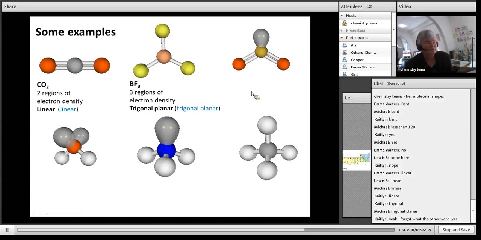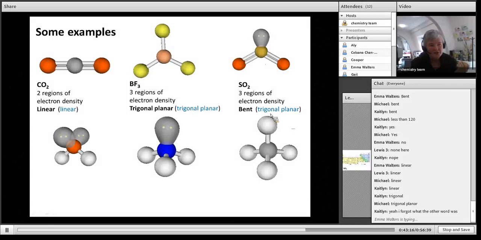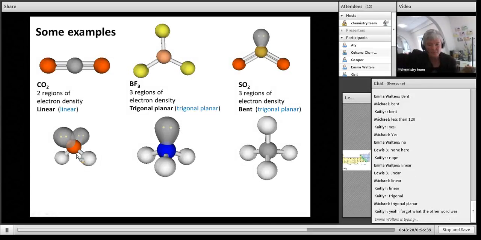Now, sorry, I clicked too soon. Okay, here the shape is bent, but it's got 3 regions of negative charge, so it's a trigonal planar electron geometry and a bent molecular shape. So let's go back to water. What is water's shape?